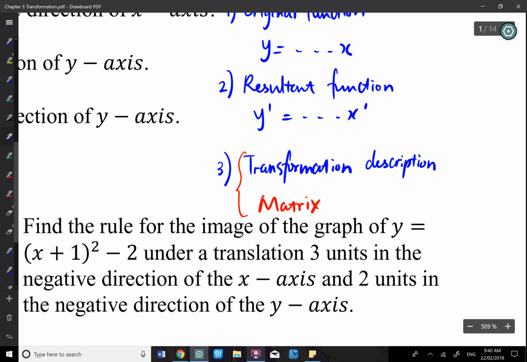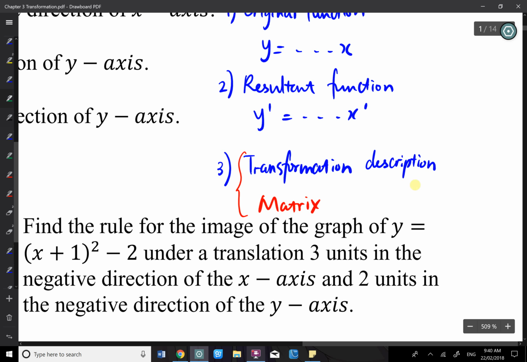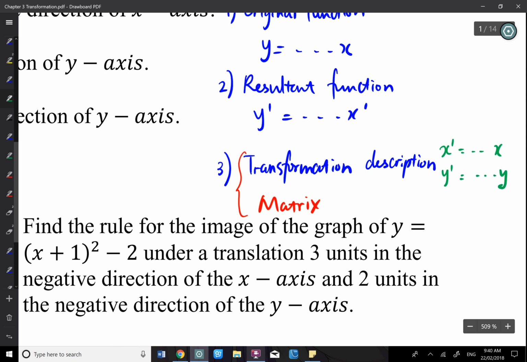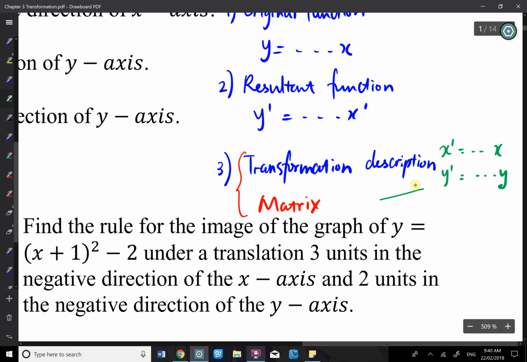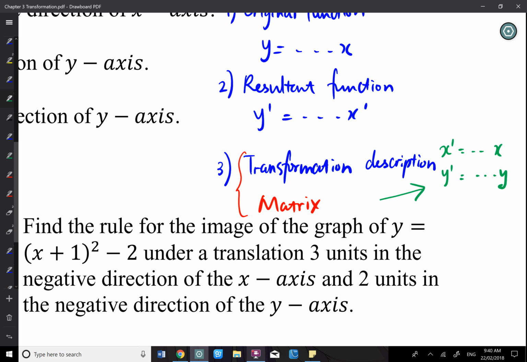So the transformation language tells you what to do. This can help you write the equation for x dash in terms of x and y dash in terms of y. By using this description, you can find the equation, like the new x equals how many old x, the new y equals how many of the old y, or old y doing what. And a matrix gives you the same thing, which is actually easy for a matrix.